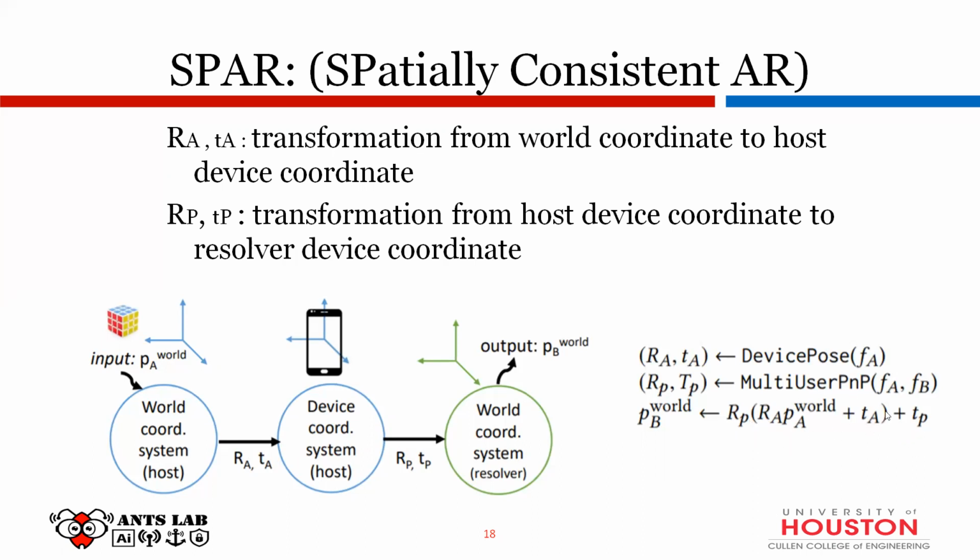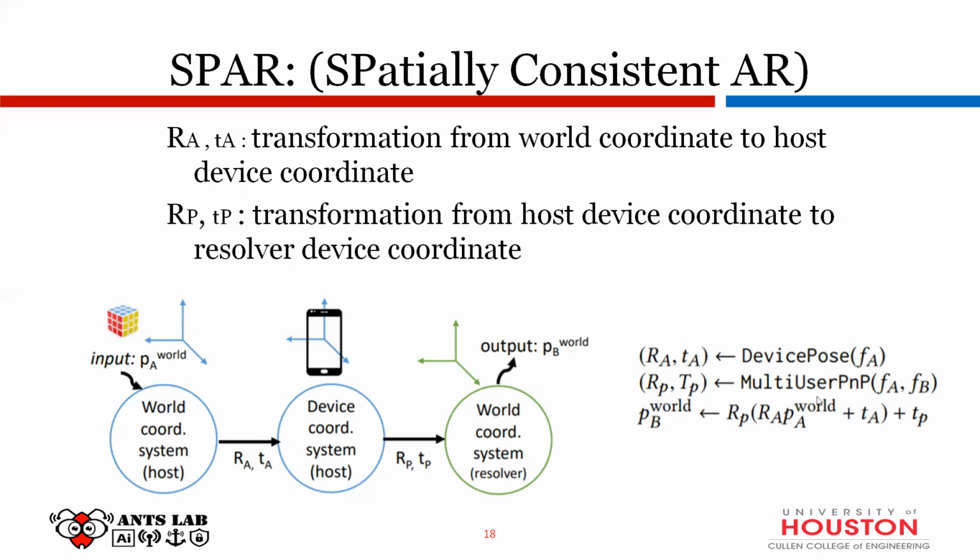So you can see inside this is the RA and TA world. This is the intermediate step of the process. It basically just means the device coordinates in here.